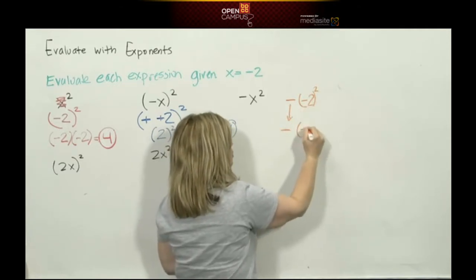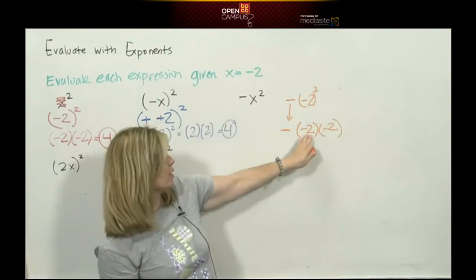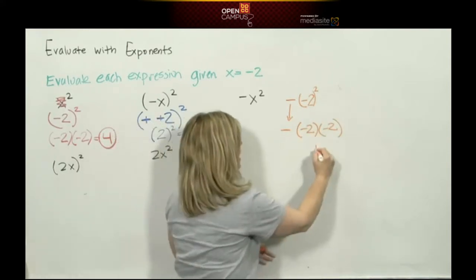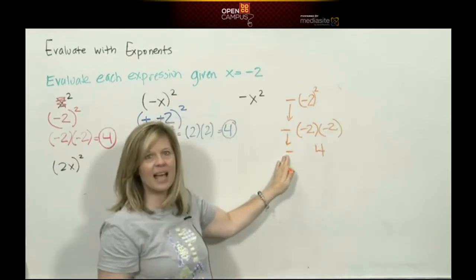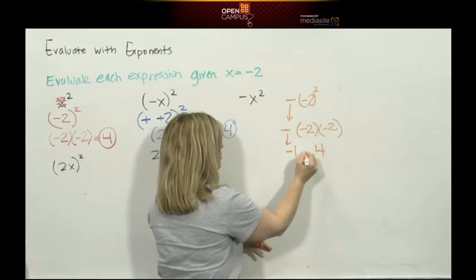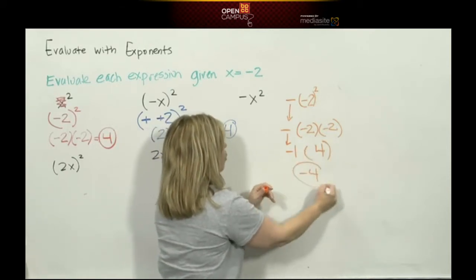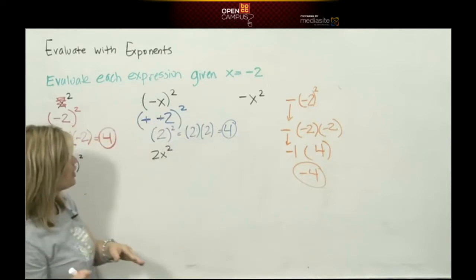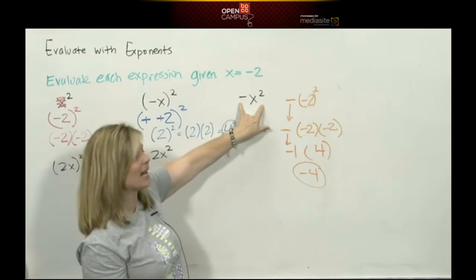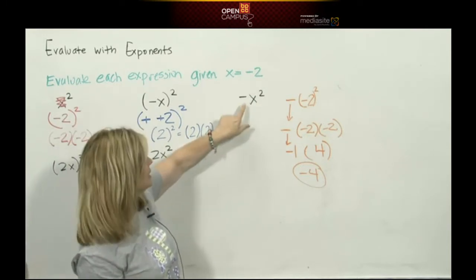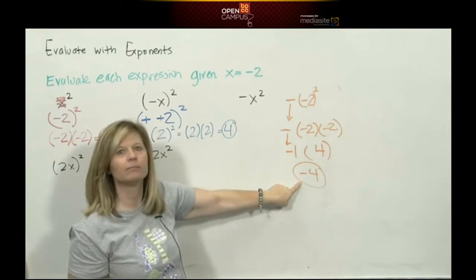This means we're going to do -2 times -2. Well, we know -2 times -2 is +4. We still have this negative in front. This negative is really the number -1. And -1 times 4 is -4. So there's a huge difference between having parentheses and not having parentheses. Not having the parentheses means this negative sign follows all the way down.